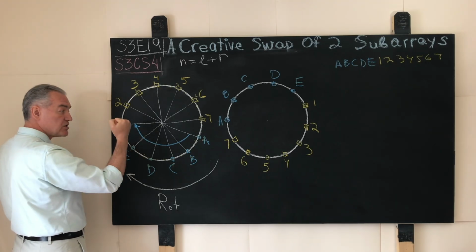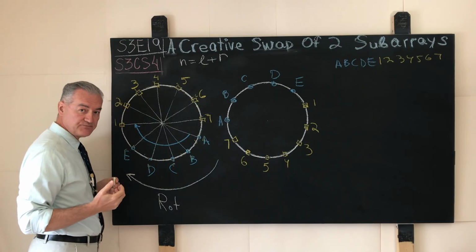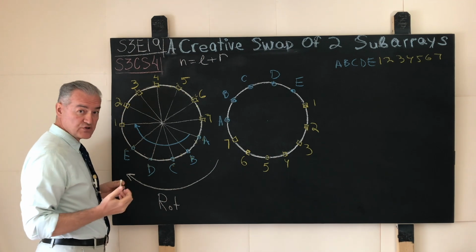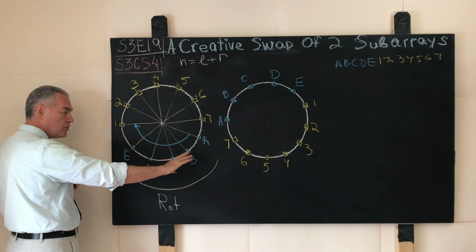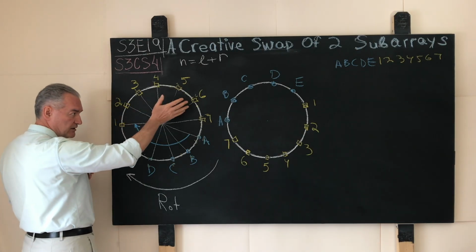And because rotation of the plane is what's called a motion in mathematics, or a rigid motion, that means that all the material on that circle will rotate in exactly the same way.